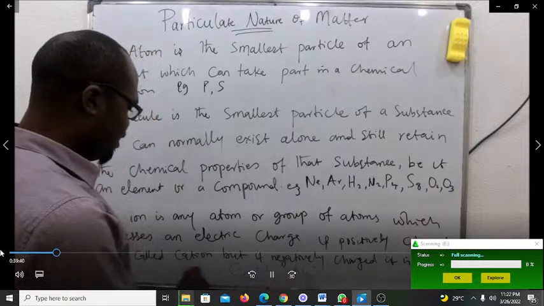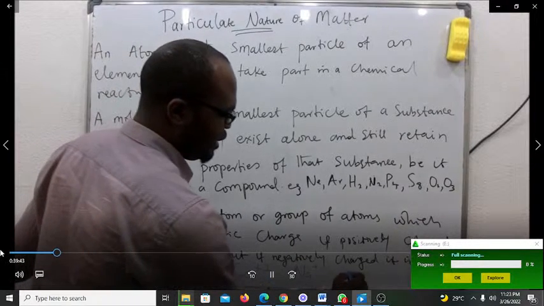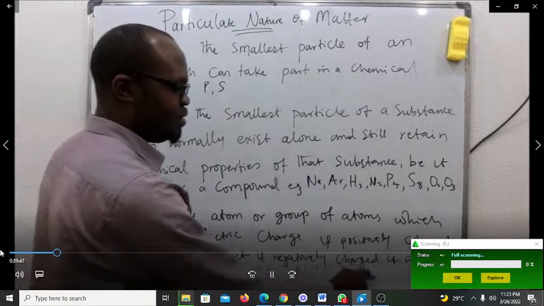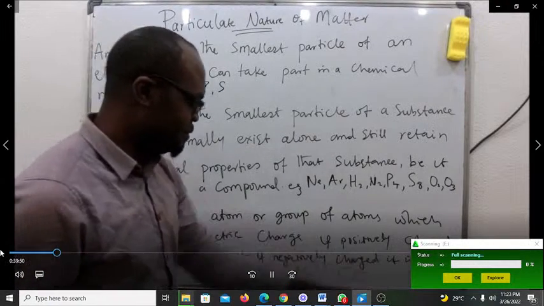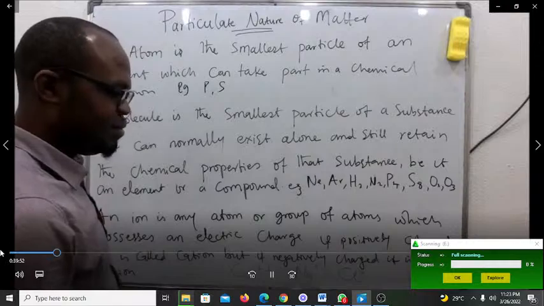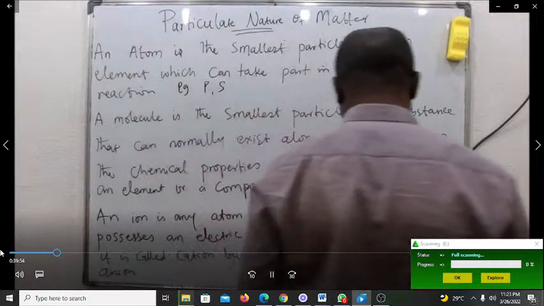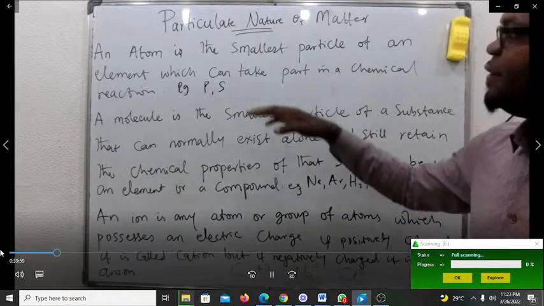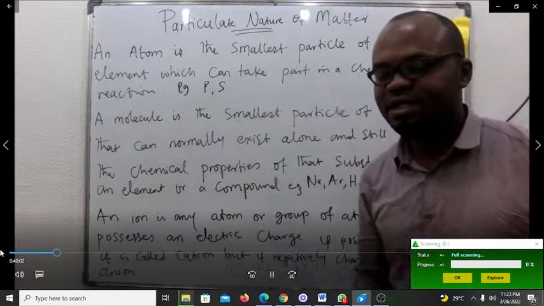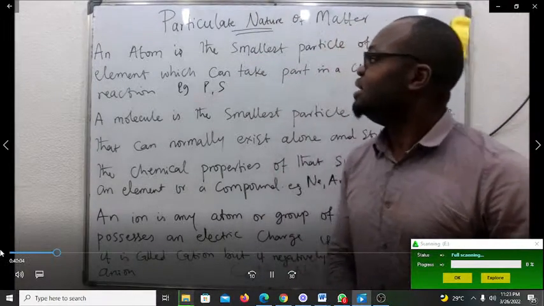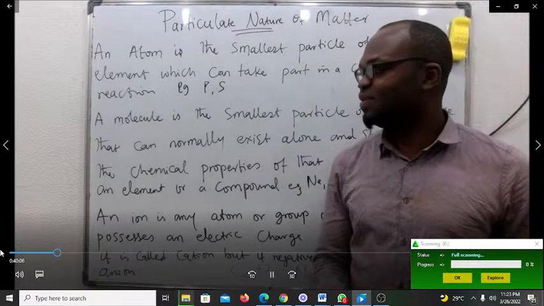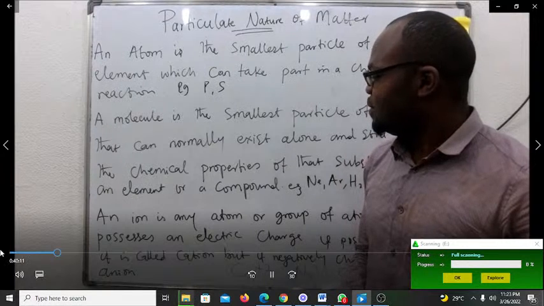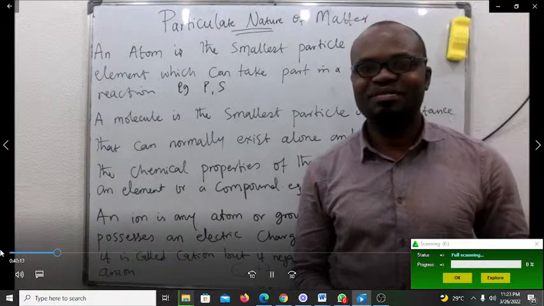Because they are positive, they are called cations. An example of an anion is chlorine with negative charge. Non-metals are mostly anions. Non-metals are mostly negatively charged, whereas metals are mostly positively charged. So these are the three discrete particles that matter is made up of. In subsequent classes, we are going to be going into details of how to use these and understand them much better.